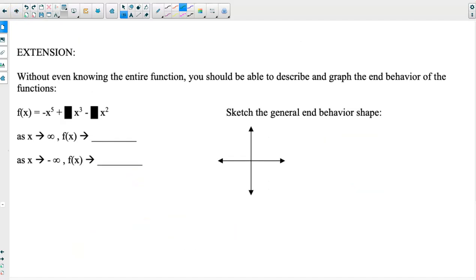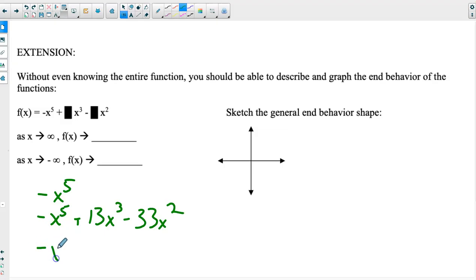Here's the extension. These numbers are blacked out. That's because if I have negative x to the 5th, or negative x to the 5th plus 13x cubed minus 33x squared, or negative x to the 5th plus 1000x to the 4th minus 31x cubed, they all have the same end behavior.